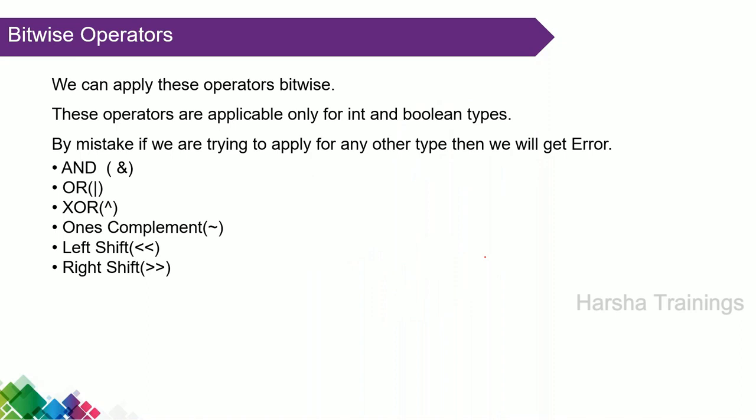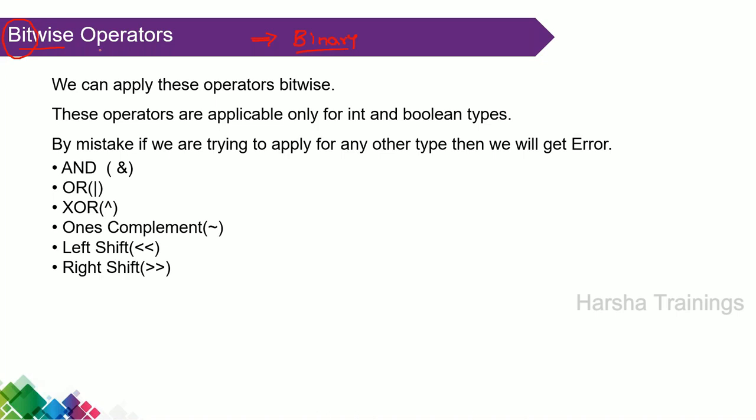Now, the next one is bitwise operators. Here we are performing the operation bit by bit. I will show the execution for bitwise also. Any number I am given is converted into binary. Why? Only in binary format do we have bits, and then it is possible to perform the operation.